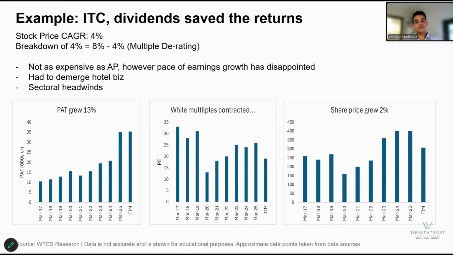This is also because ITC is in the business of tobacco manufacturing, and tobacco manufacturing is seen as a taboo in India. While the consumption has also gone down in overall volumes, the growth of business has not been that great in the recent past. That is also the reason why you see the multiple derate.